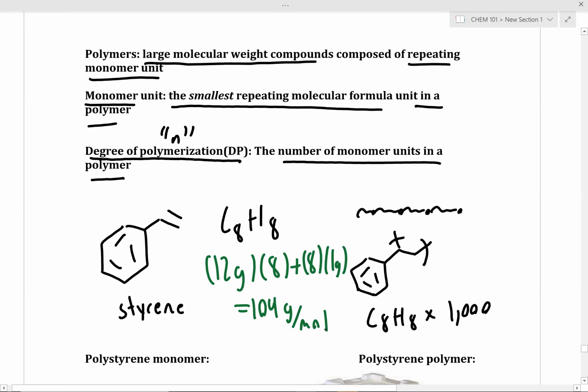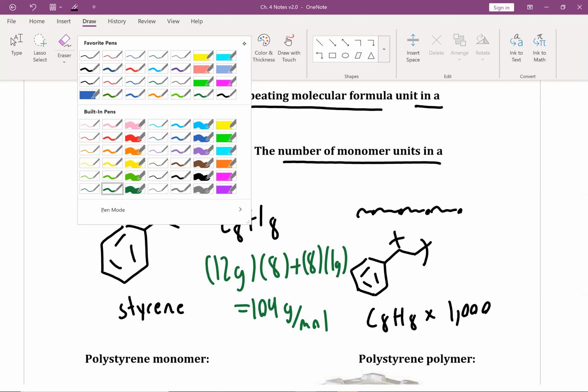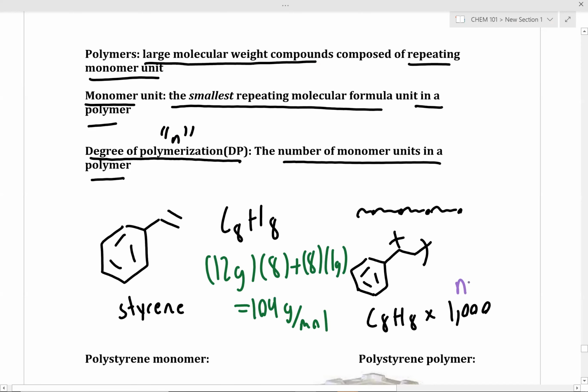Now, if I said this polymer has 1,000 styrene units, what is our N in this case? What is our N? How many of these little styrene units do we have? 1,000. Exactly right. Polymers are massively heavy, so we know that our N is 1,000.